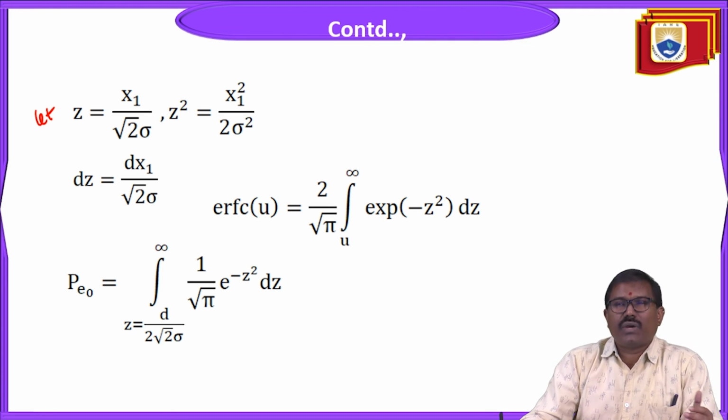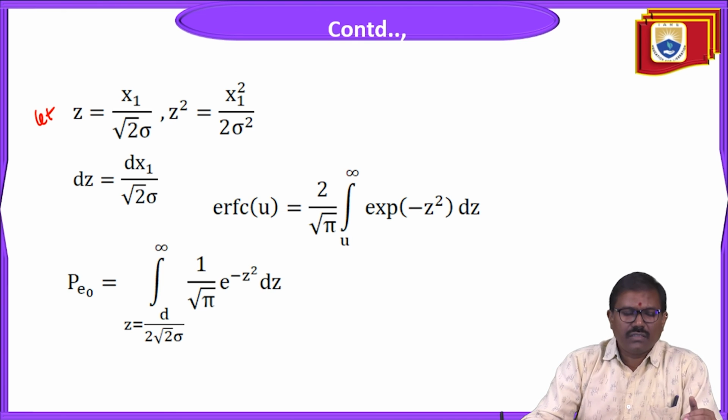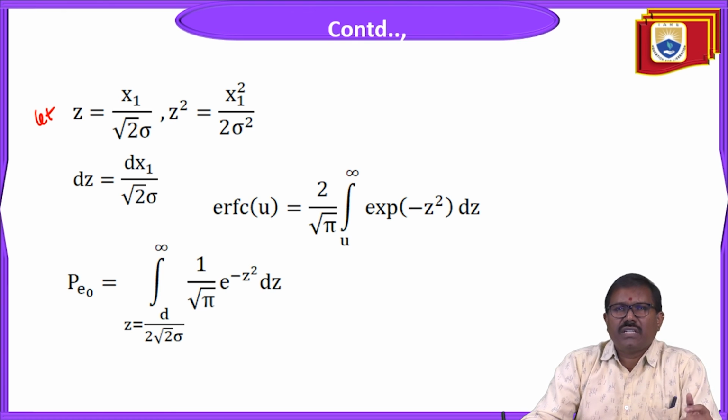Here the sigma square is used, so that's why there are some changes. And here also we are changing the limits, so the integration changes and the differentiation also changes. Let z be taken, so we differentiate: dz is equal to dx1 by square root of 2 sigma.